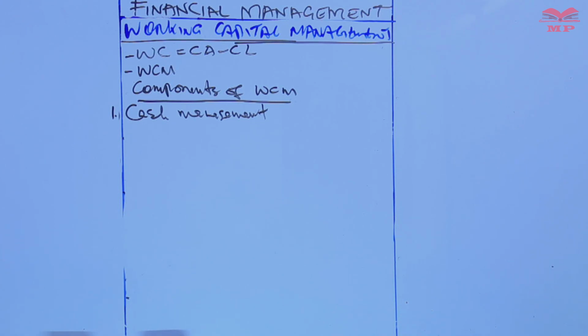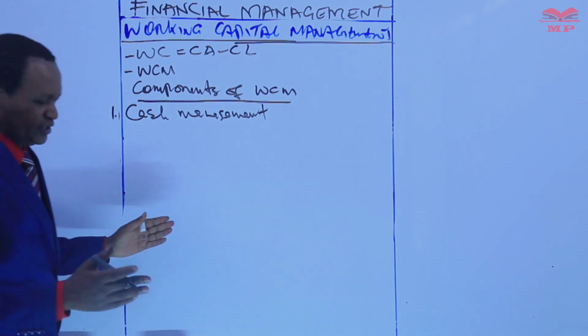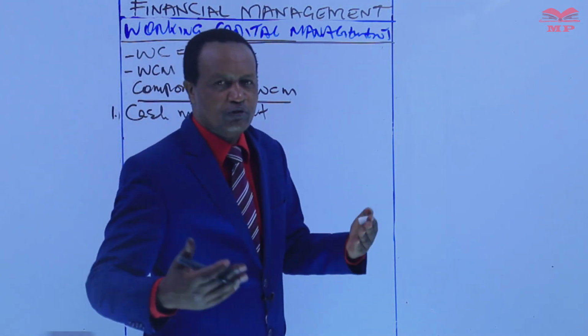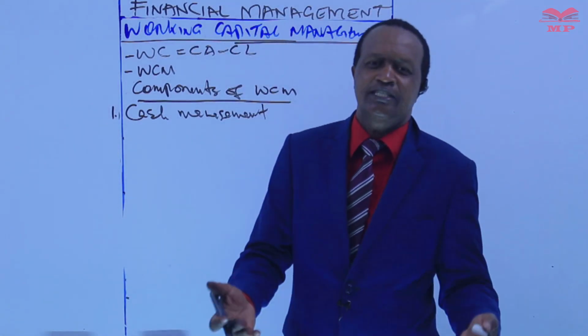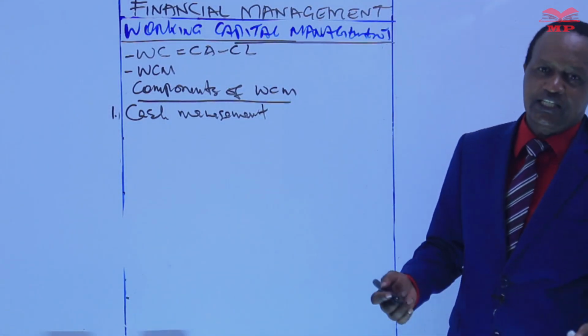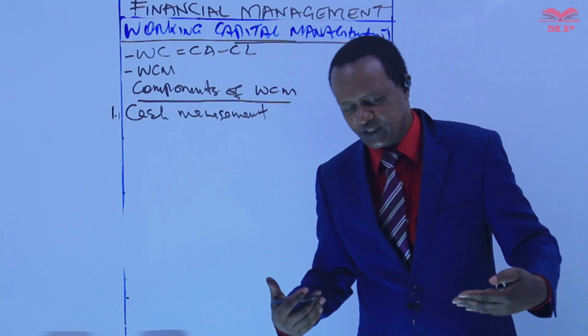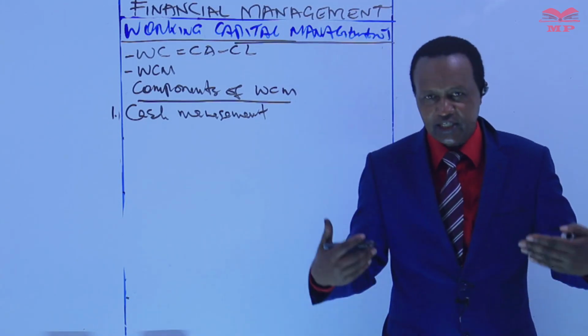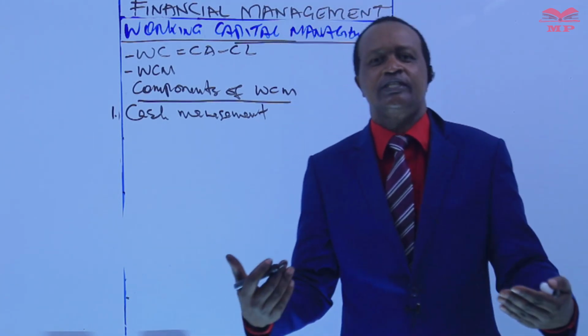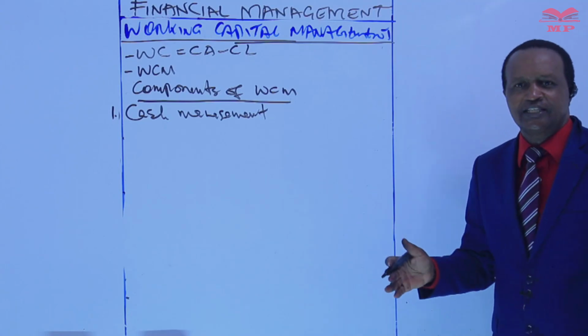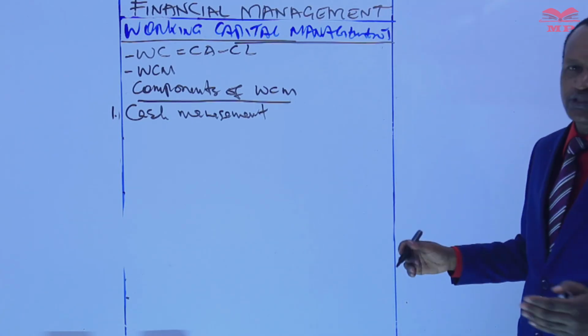So the first component of working capital management is cash management. Cash management involves managing the company's cash inflows and cash outflows to ensure that it has enough cash on hand to meet its obligations.